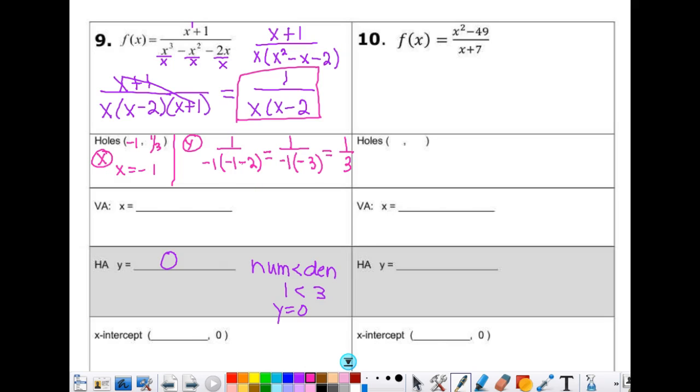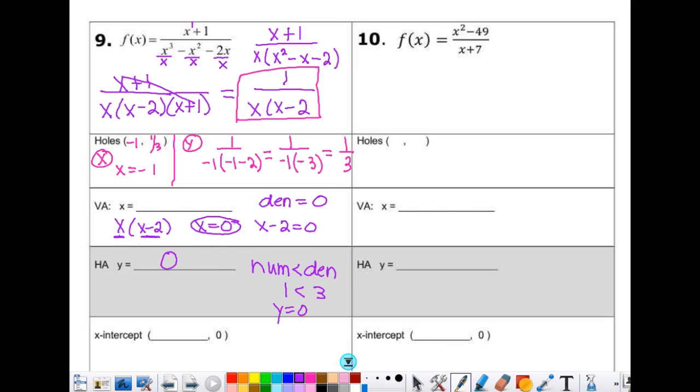Now for the vertical asymptote, what do we do? You set your denominator equal to 0. Y'all better start memorizing some of this. You set your denominator equal to 0. Miranda, you getting this written down? So what's our denominator? We have an x, and we have an x minus 2. So we have to say x equals 0, and x minus 2 equals 0.